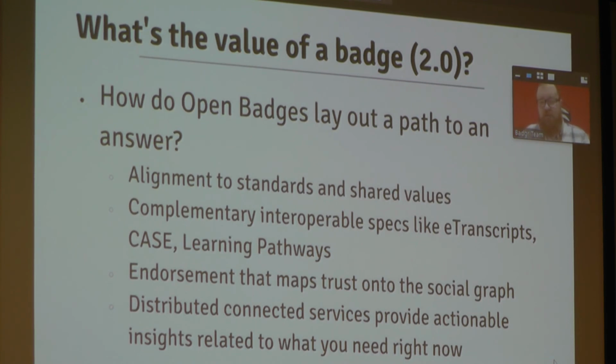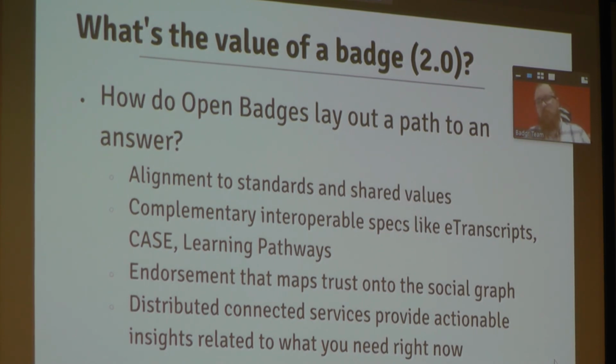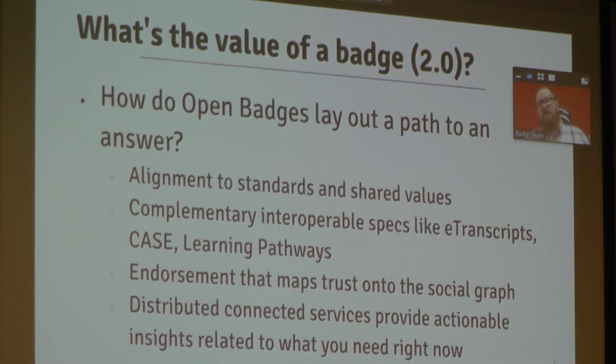In a standard like learning pathways that is coming up, and e-transcripts, we can say things like, here are a set of badges that a user earned within their progress through a particular education program.